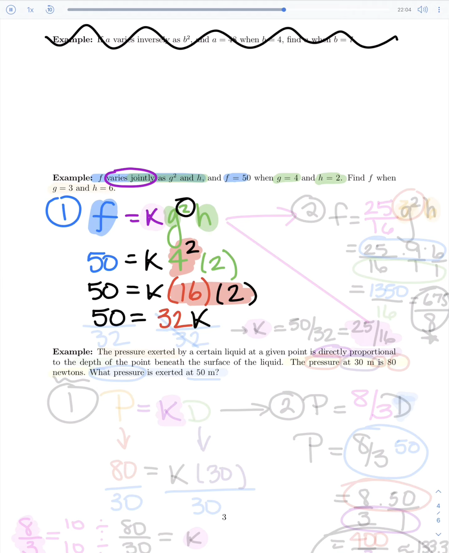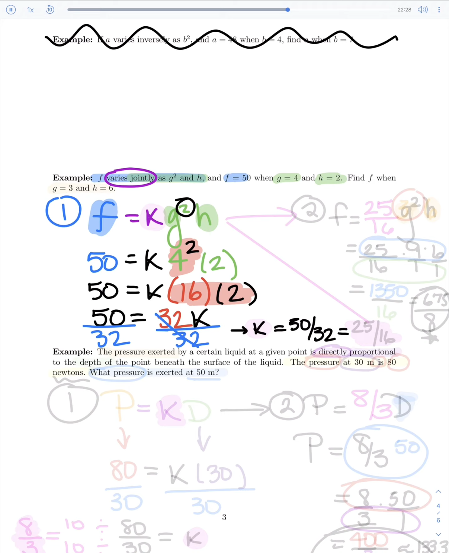Now I still need to get K by itself, so I'm going to divide both sides by a 32. Getting closer, that gives me that K equals 50 over 32, but that still reduces. They're both even numbers that are divisible by 2.